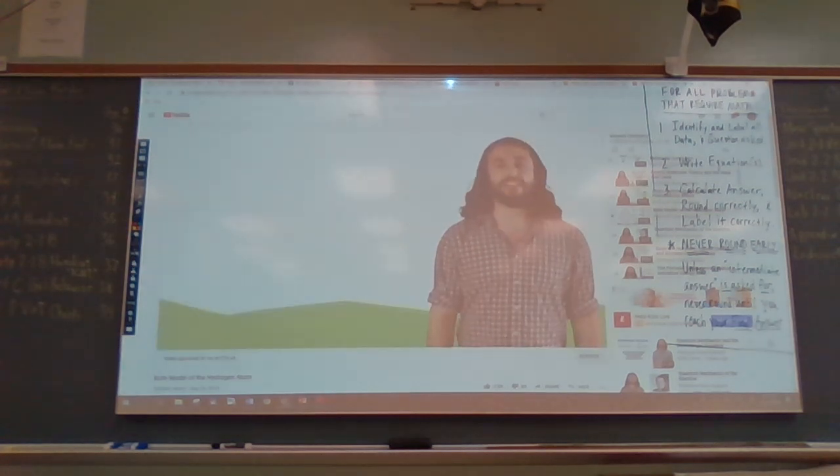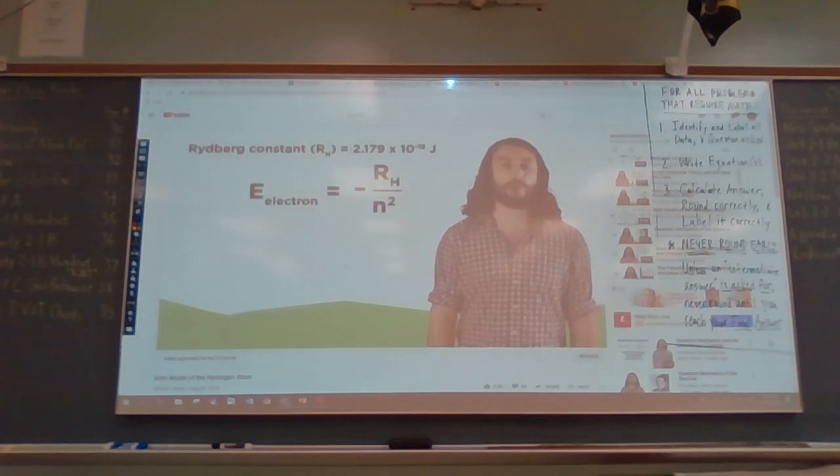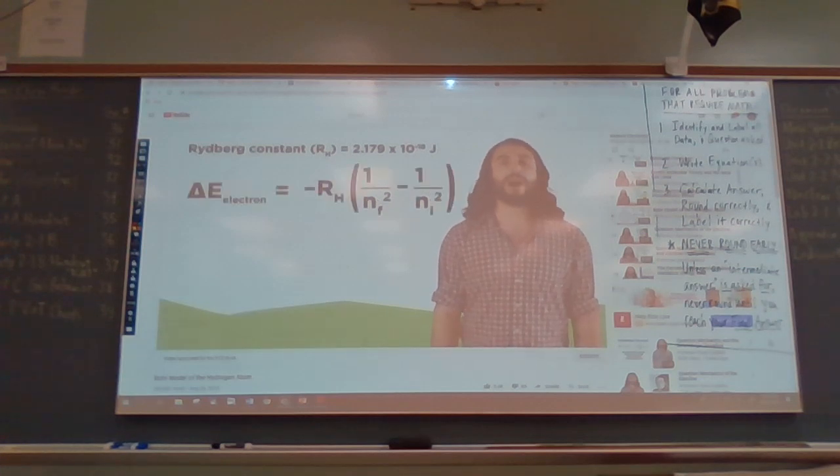For a hydrogen atom, the energy levels depend on the Rydberg constant and are given by the following equation. We typically just measure the change in energy of an electron during a transition, so we can modify this equation to include the change in the energy level. We'll get to that shortly. Where n final is where the electron ends, and n initial is where it begins.